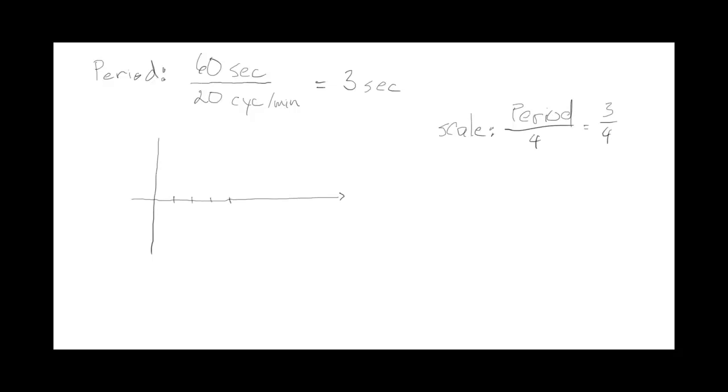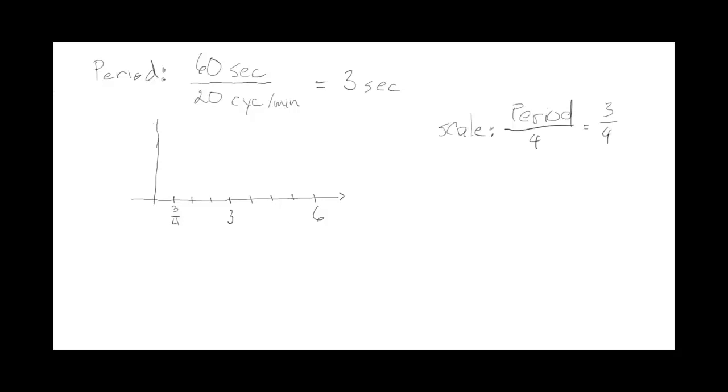So this will be 3 over 4, this would be 6 over 4, 9 over 4, 12 over 4, or 3 seconds. We want to go 4 more, and this would be 6 seconds. We don't need the negative area here because the height is always positive. We want to extend this a little higher.